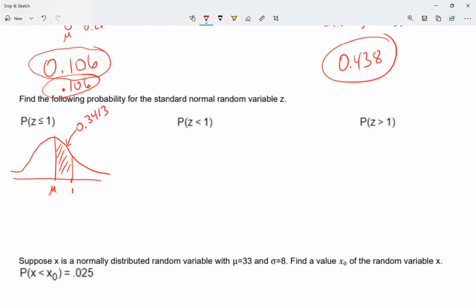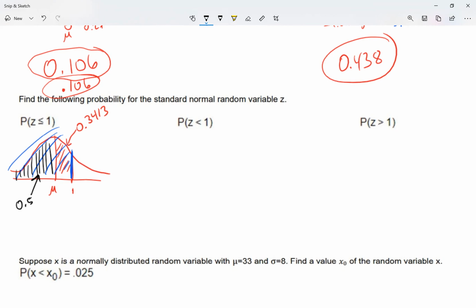But I'm not just interested in that. I'm not just interested from 1 to mu. I'm actually interested in all of this. I know that section in red is 0.3413. Remember, the left of the center is half of our probability, so that is 0.5.